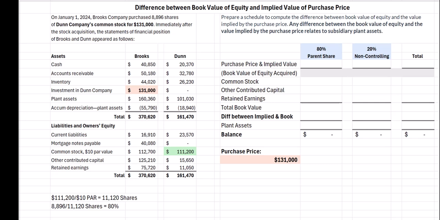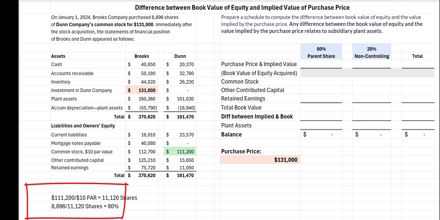So the first thing that I did was calculate what my parent share and my non-controlling share were. We know that Dunn had $111,200 of common stock on the books at $10 par. So the $111,200 divided by par value tells me that they had 11,120 shares of stock outstanding, and they purchased 8,896 of them.